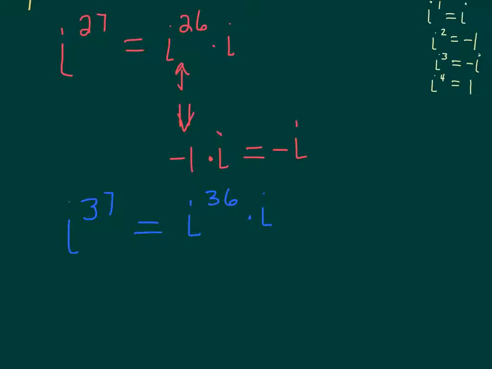So there's the i that we pulled out. i to the 36th is going to either be a negative 1 or a positive 1. It's going to be a positive 1 if the exponent is divisible by 4. 36 is divisible by 4, so i to the 36th is actually equal to a positive 1 times this i, so we end up with a positive i.